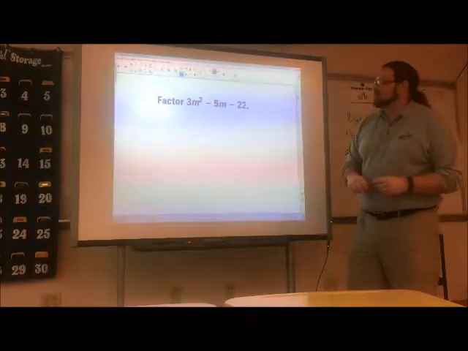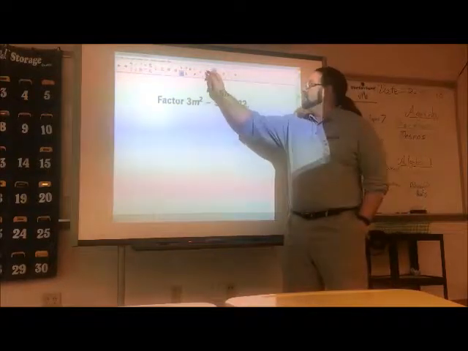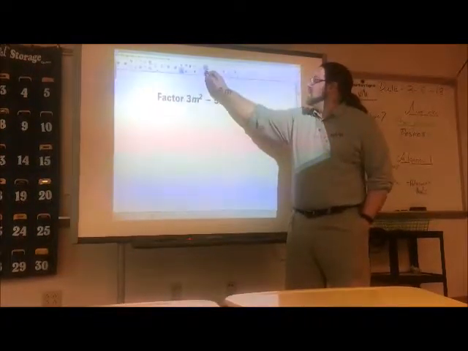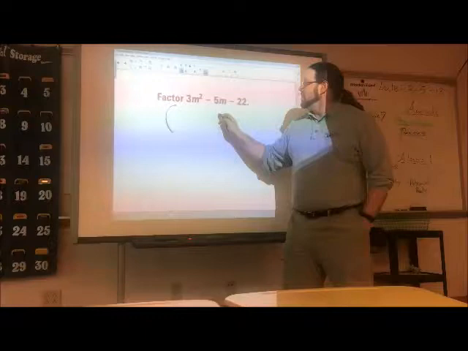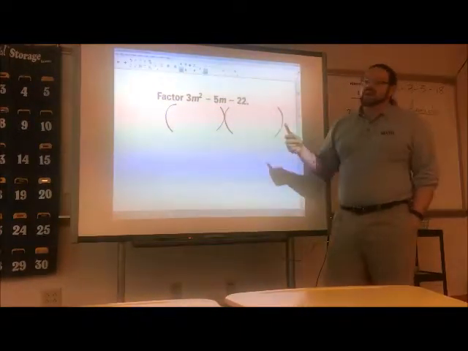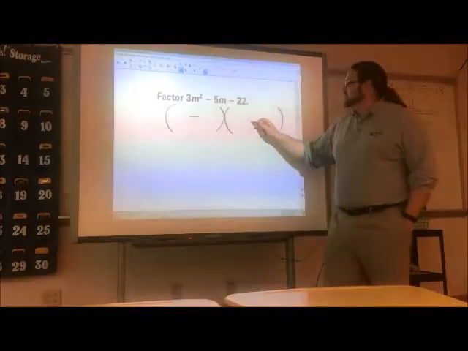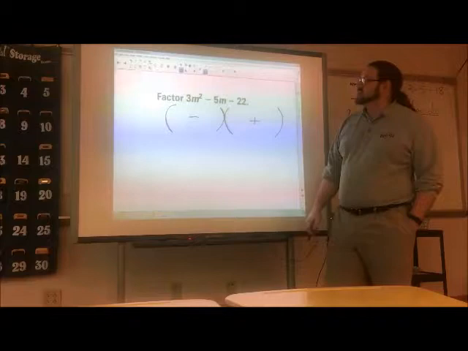On this example, okay, we've got a little bit bigger numbers to deal with. We have two factors going. We have a negative in the back, so that means that our signs are going to change. So 1 plus, 1 minus.